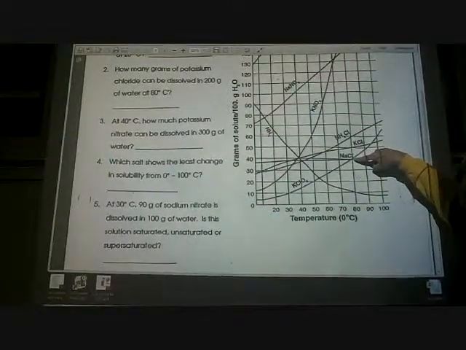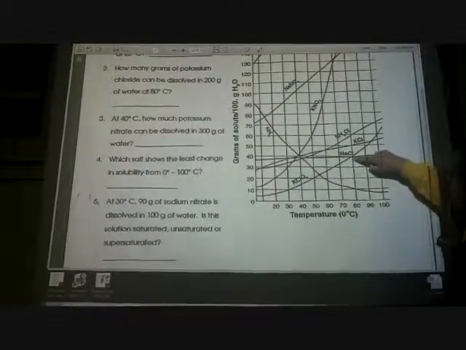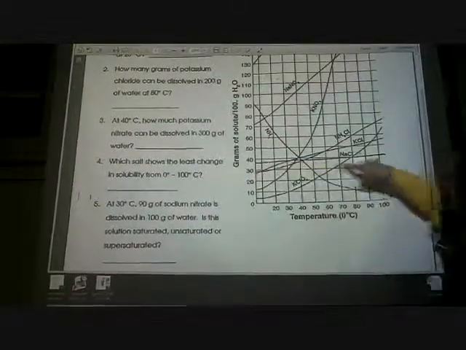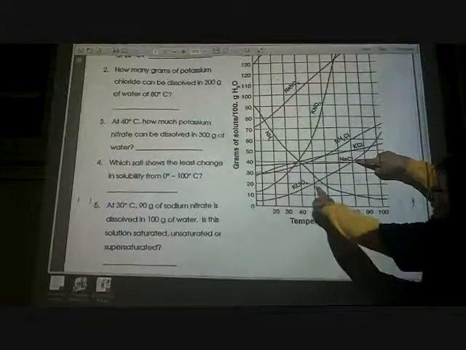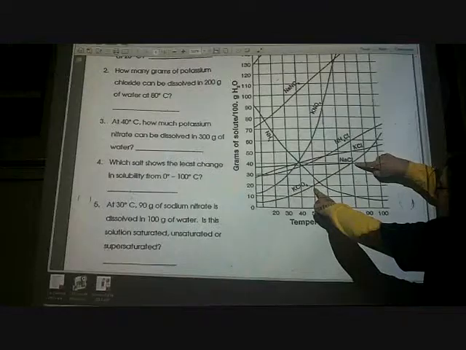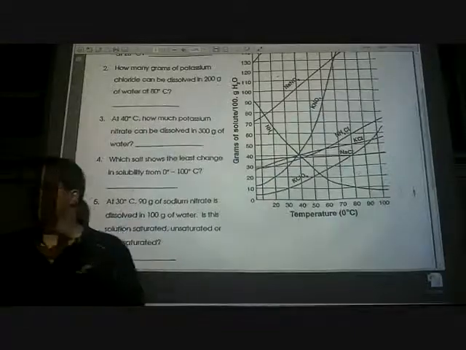So from 80, we have 40 grams. And if I cool the solution down from 80 to 50, how many can I now hold? 20. Does that mean it's 20 grams? 20 grams remains, or will form crystals.